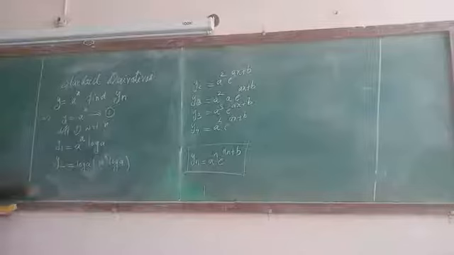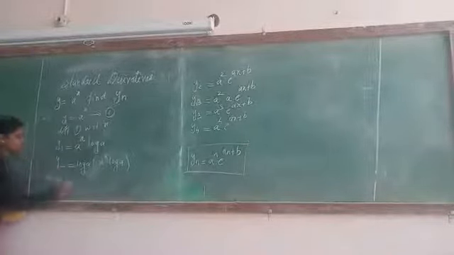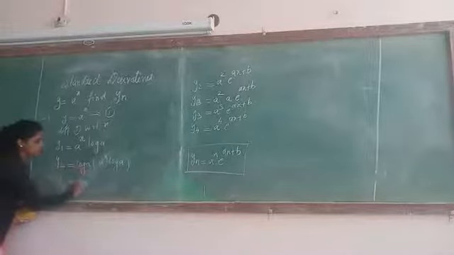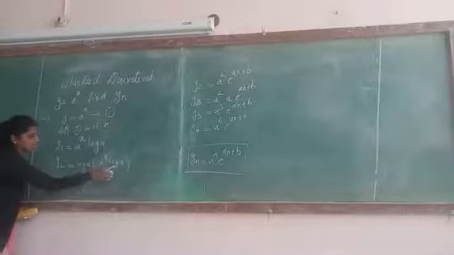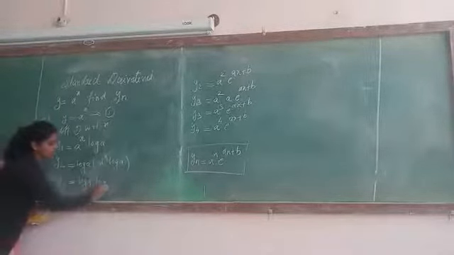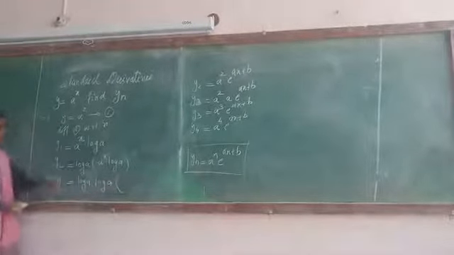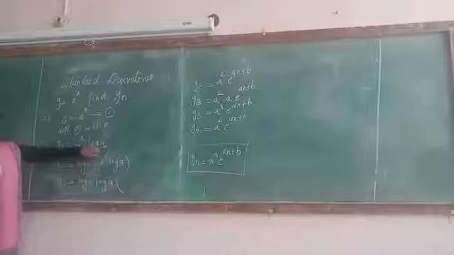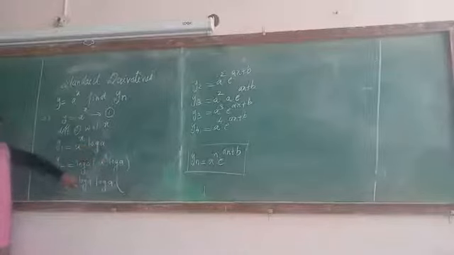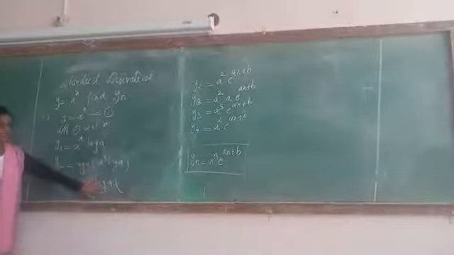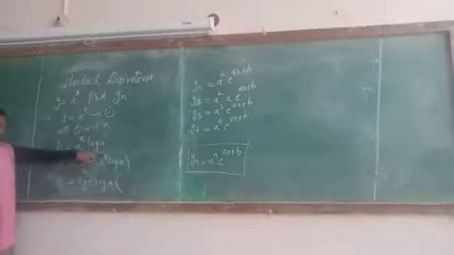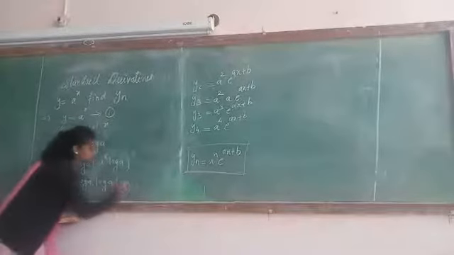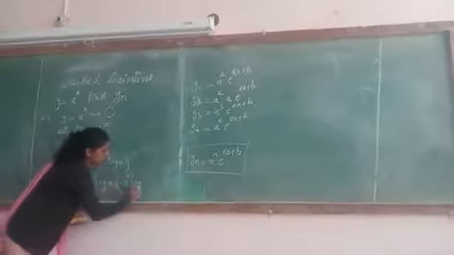What is the third order derivative? If we differentiate y2, we will get y3. Now log of a I will keep as it is, and again this log of a I will keep as it is. The third order derivative means again we differentiate a to the power x, and the derivative of a to the power x is again a to the power x log of a.